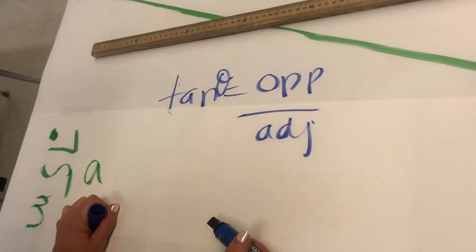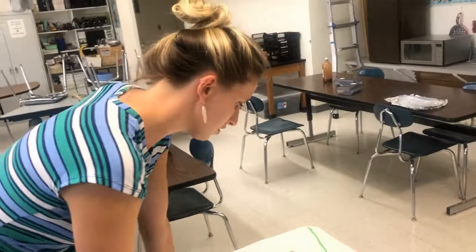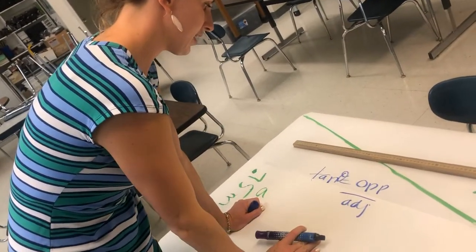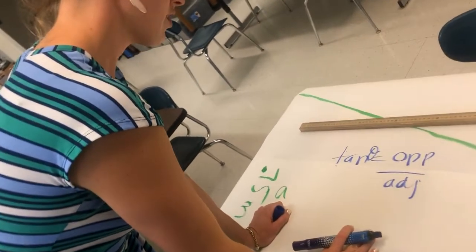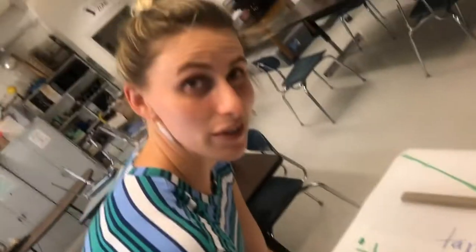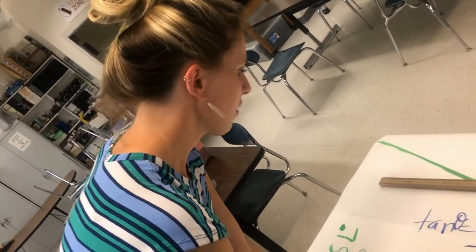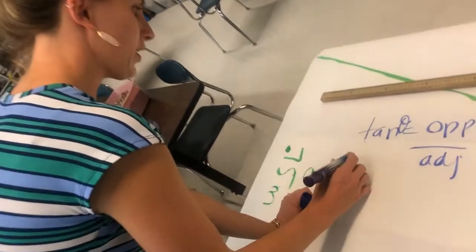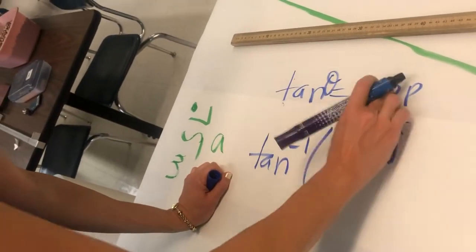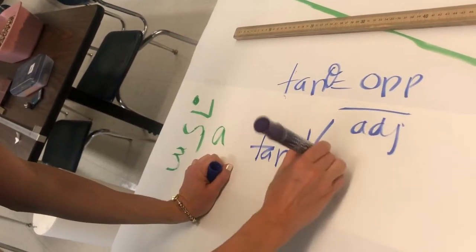How can we get the angle? We're gonna do the tangent to the minus 1, the inverse tangent. So we're gonna say tangent inverse of opposite over adjacent.